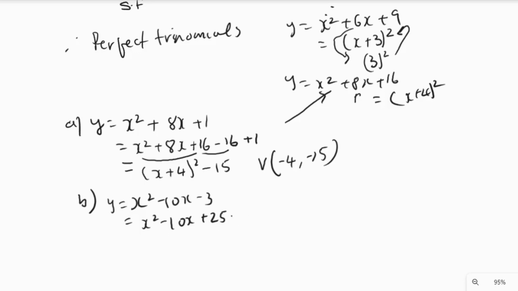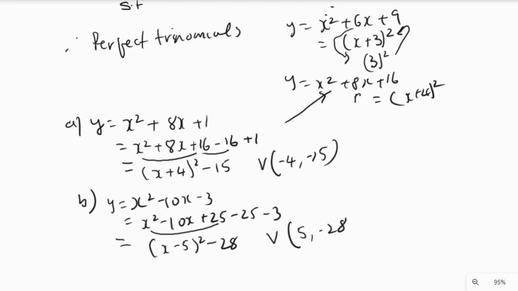To make it 0, I have to do 25 minus 25, minus 3. This will be equal to the first three terms, (x minus half of 10, which is 5) squared, minus 25 minus 3, which is minus 28. Therefore, the vertex is whatever makes the bracket 0, which is (5, negative 28).